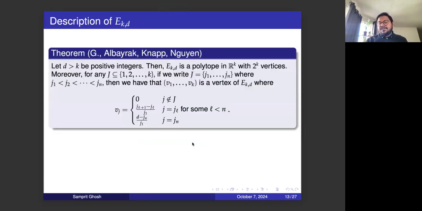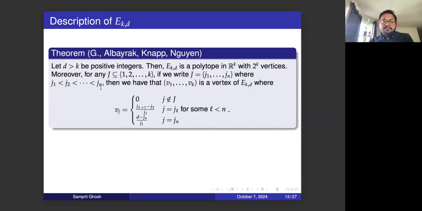So here's a theorem that we proved, that for d bigger than k positive integers, EKD is in fact a polytope in R to the k with 2 to the k vertices. Moreover, we can explicitly determine what the vertices are, and it's given in an interesting way as well. So suppose you take any subset J of 1 up to k.